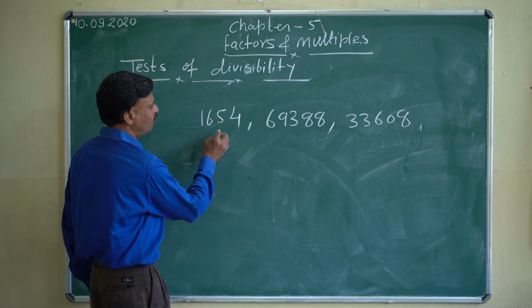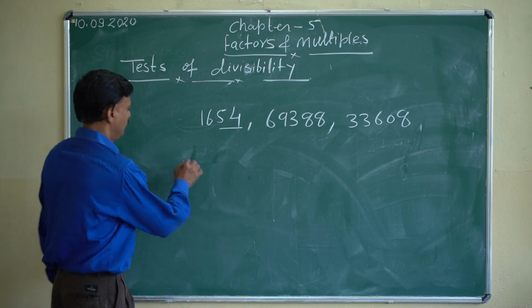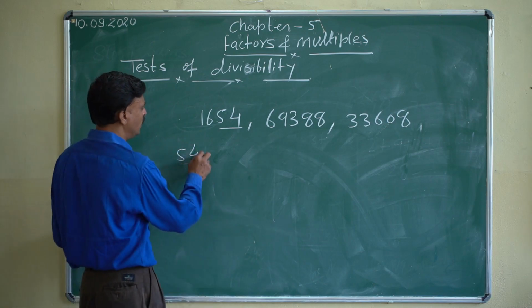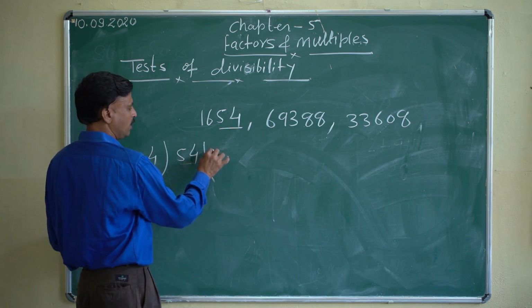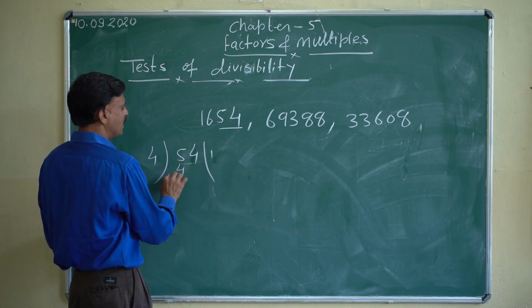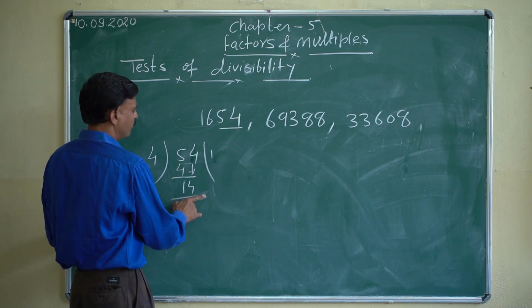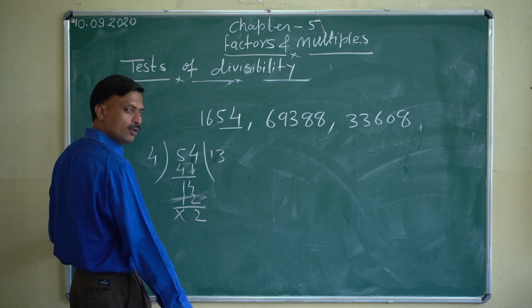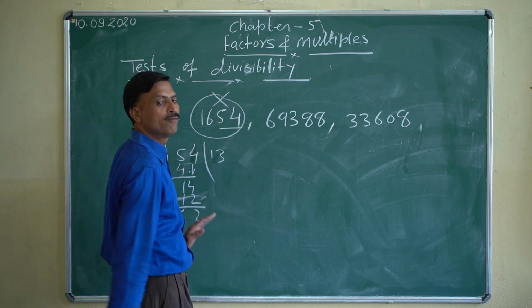Here that is 54. If you divide 54 by 4, you will see that it is not exactly divisible. Right now, a remainder will come. That's why this number is not divisible by 4.